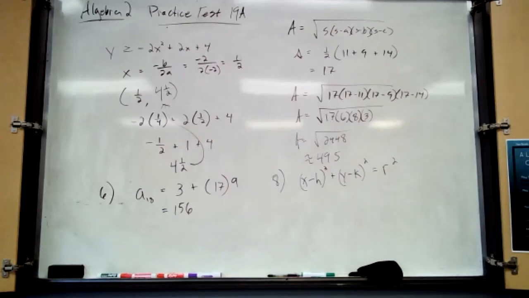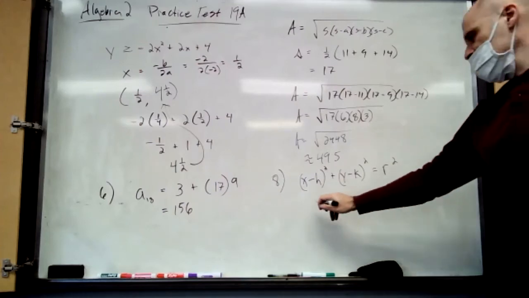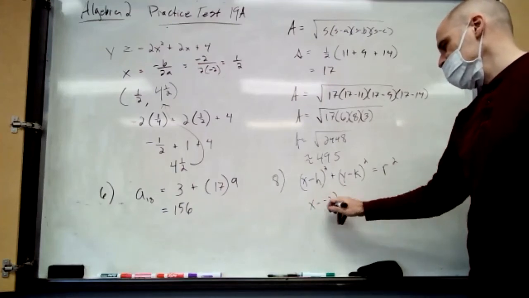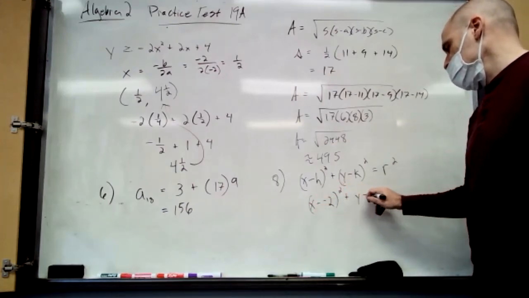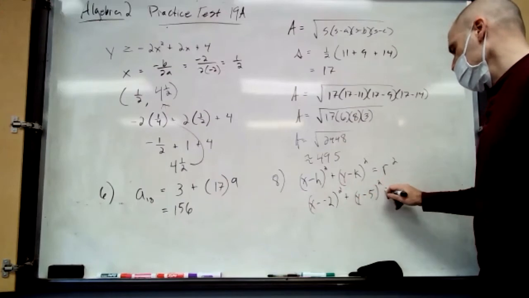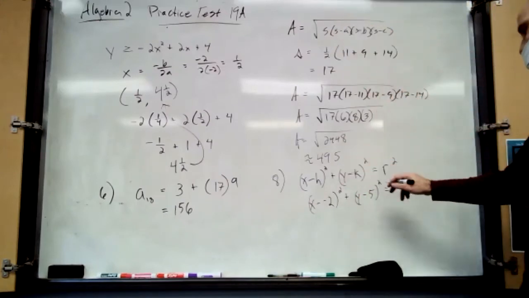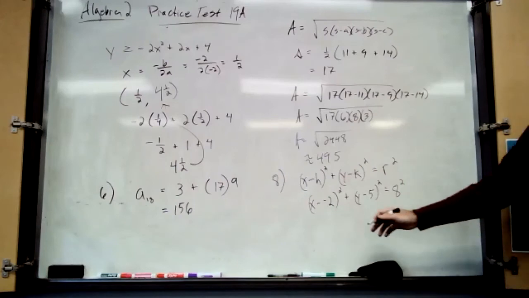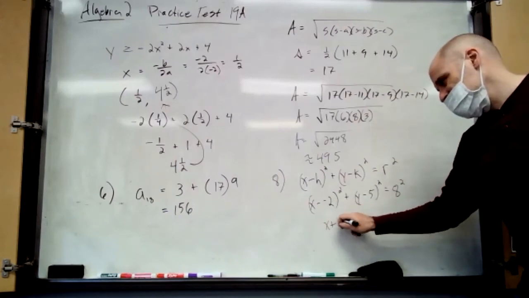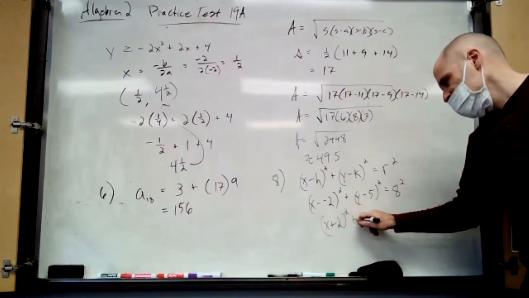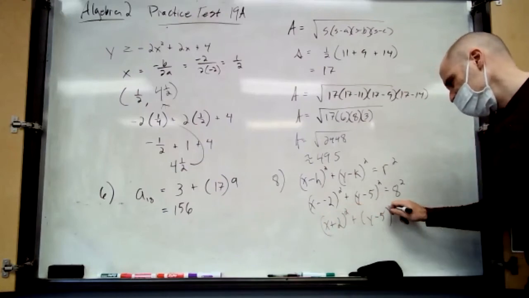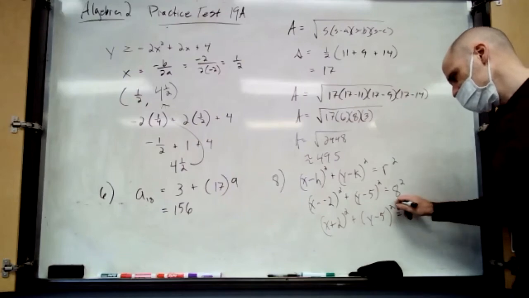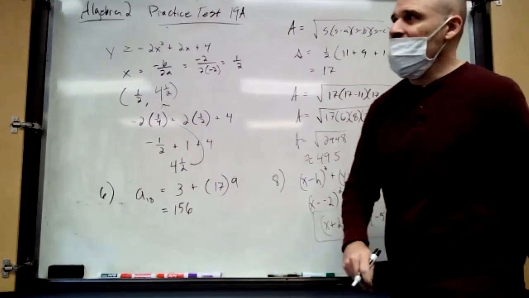So we have to subtract -2 from x, and subtract 5 from y: x minus -2 squared plus y minus 5 squared. And what's the radius? 8. So this is going to be 8 squared. Final answer: x minus -2 is just x plus 2, parentheses squared, plus y minus 5, parentheses squared, equals 64. Okay, that's it.